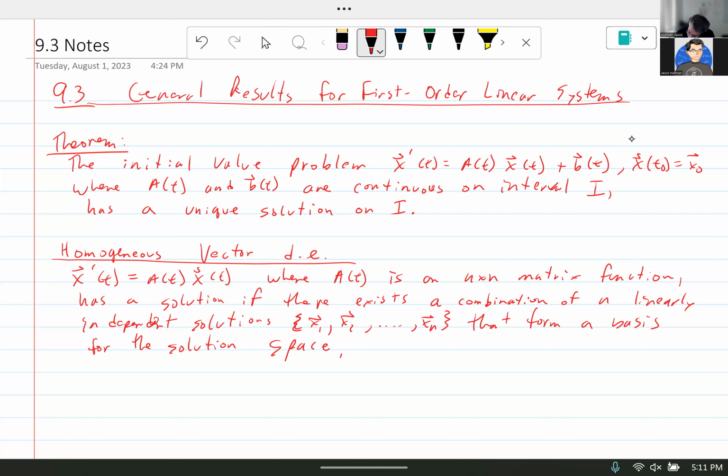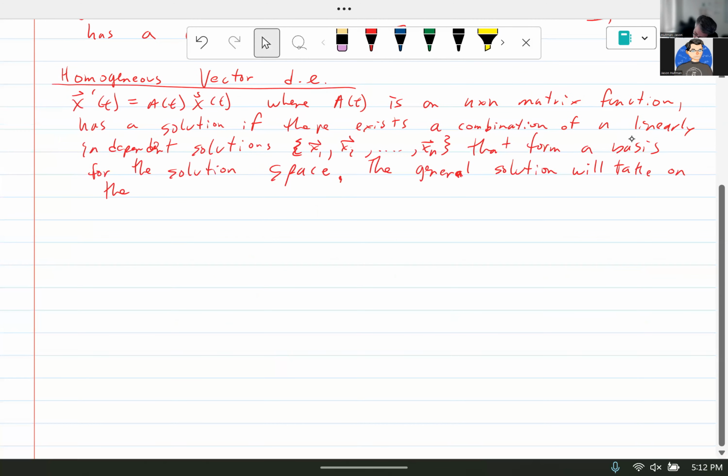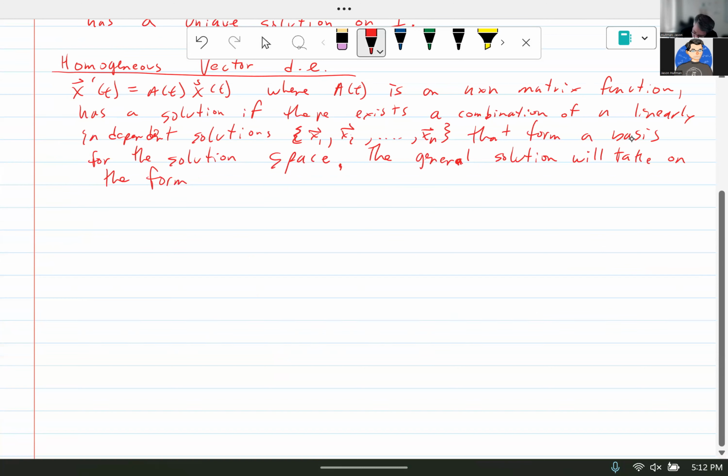The general solution will take on the form x of t is equal to c1 x1 plus c2 x2 plus dot dot dot cn xn.